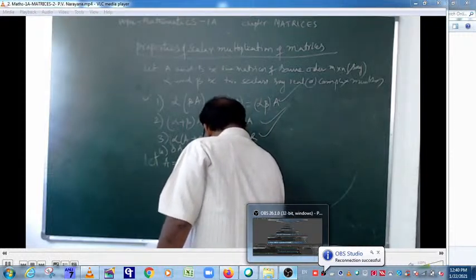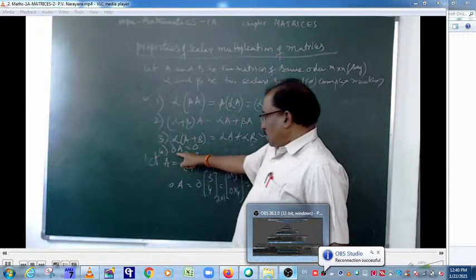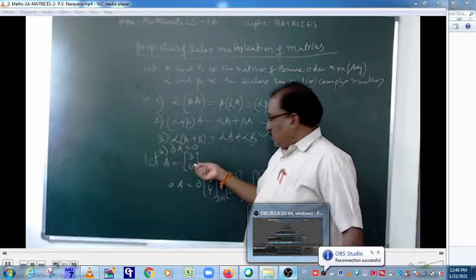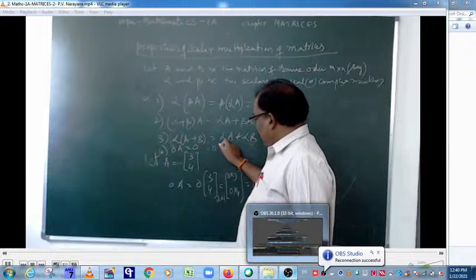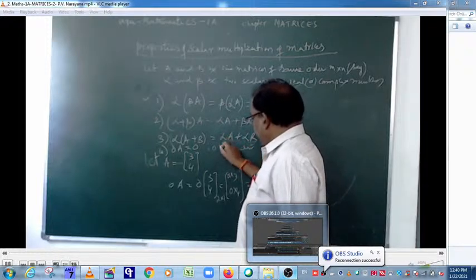This is 2 by 1, and this is also 2 by 1. So 0 into A is equal to 0, and A into 0 is equal to 0. Here 0 is a scalar.